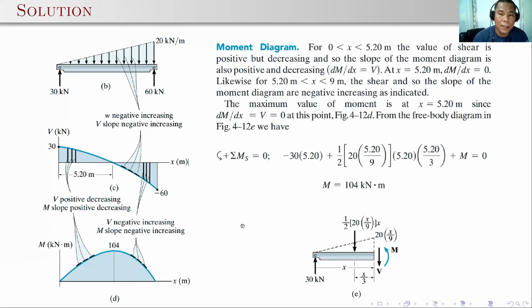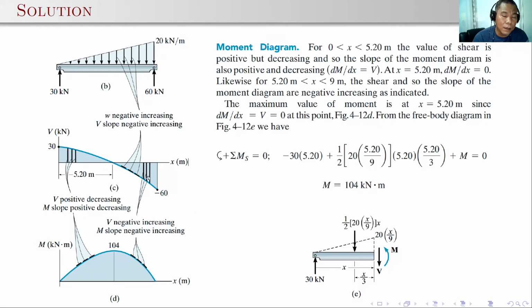For a distance x greater than 0 to 5.2 meters, the value of the shear is positive but decreasing, and so the slope of the moment diagram is also positive and decreasing. You can see here we have W negative increasing, so the shear slope should be negative increasing. But from the shear, we have positive shear which is decreasing, so your slope should be positive decreasing also, but the value of the moment is positive, and only the slope is decreasing.